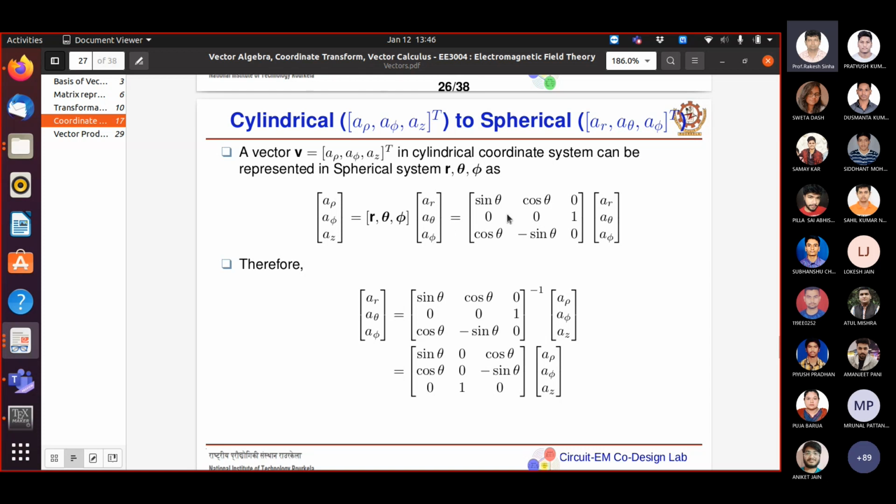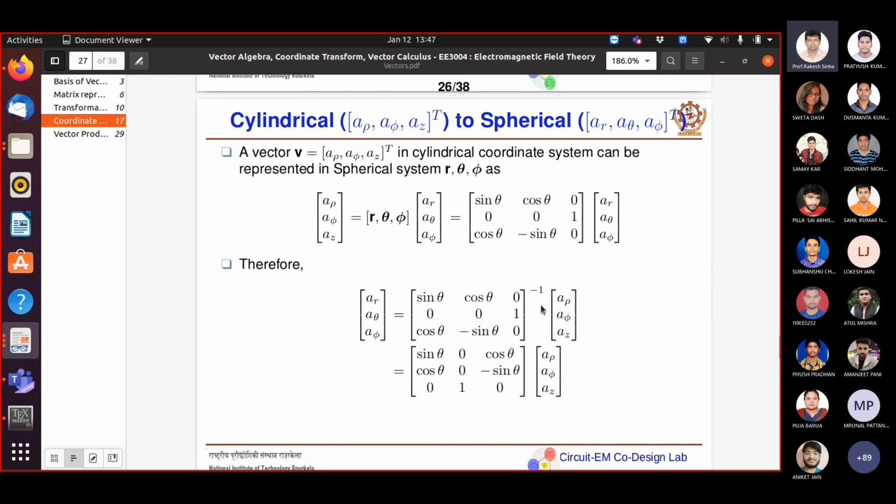You can easily understand this. This is the strength in the r direction, this is the strength in the theta direction, and this is the strength in the phi direction. This is your rotation matrix, and you can easily obtain the values of AR, A theta, and A phi if you know the values of A rho, A phi, and Az.